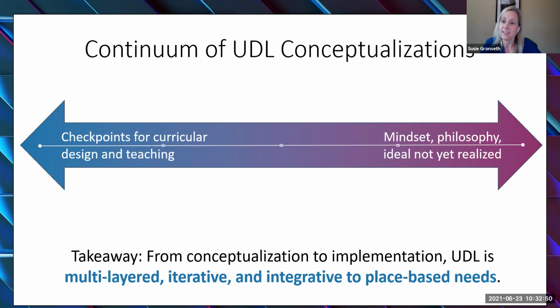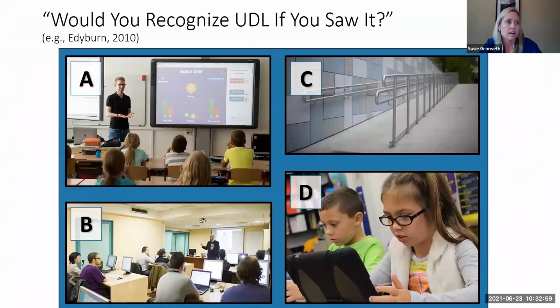And so I hear that it gets very pragmatic. When we do that, we might take a look at an example of gamification, for instance, and say, well, we're doing this gamification because we're providing multiple means of engagement.